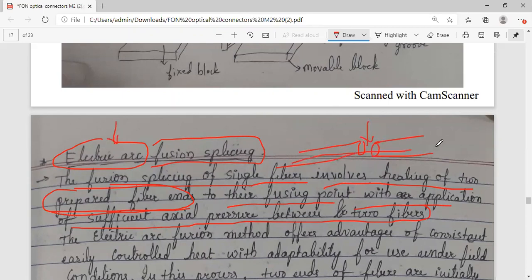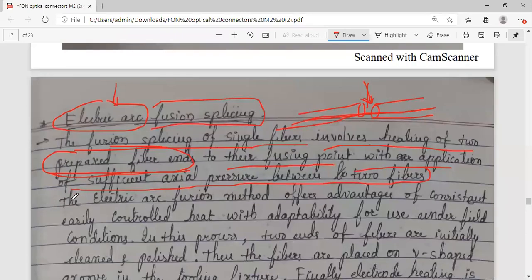Before that, these two should be aligned. They both should be in line. Because of this localized heating, the end material becomes soft, it will melt and it will fuse. The electric arc fusion method offers the advantage of consistent, easily controlled heat with adaptability for use under field conditions.